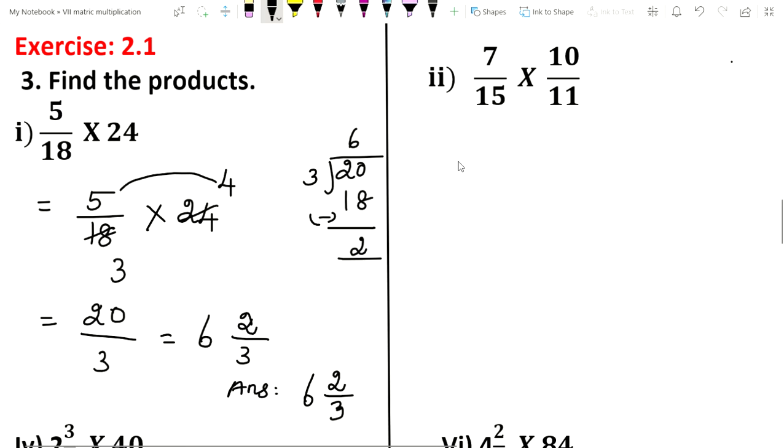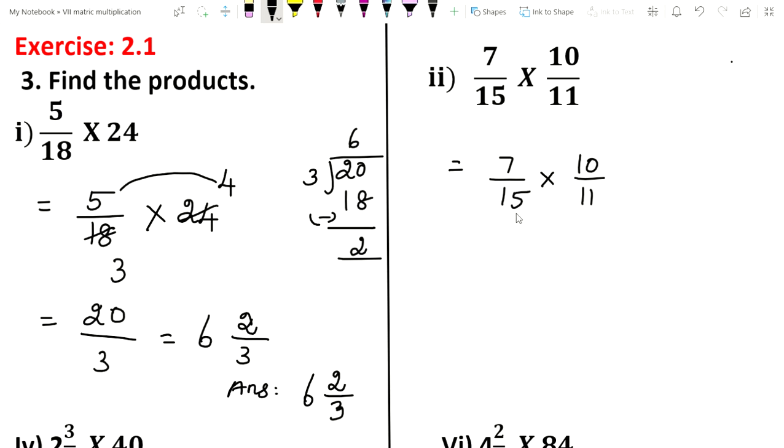7 by 15 into 10 by 11. See here, 7, 15, there is no common factor. 10 and 11, there is no common factor except 1. And crossly you check here. Okay, so 7, 11, there is no common factor.